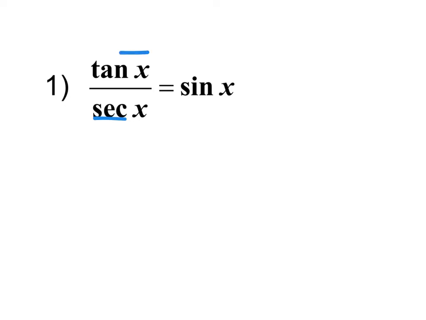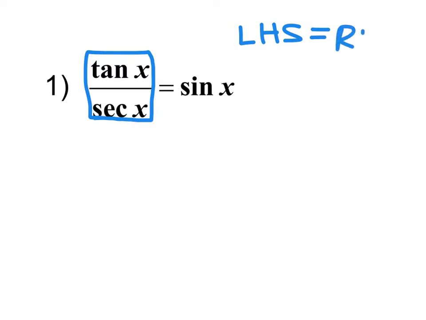All we're trying to do is turn the left side into the right side. So left-hand side equals right-hand side. That's what we want. This app makes me have really bad handwriting, so bear with me.